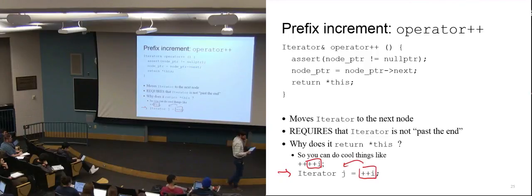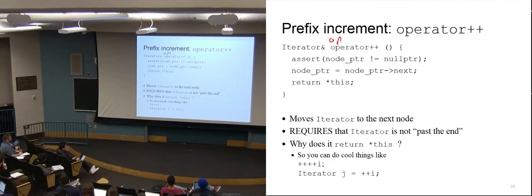How does the compiler know that we're only overloading the prefix operator, not the postfix operator? Oh, this is a nasty question. Disgusting. How does the compiler know the difference between prefix operator plus plus and postfix operator plus plus?